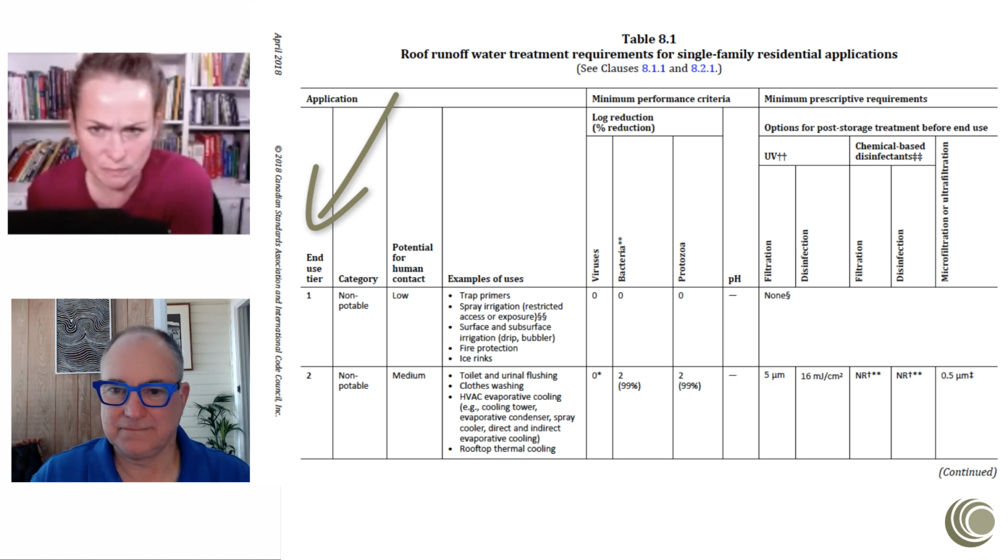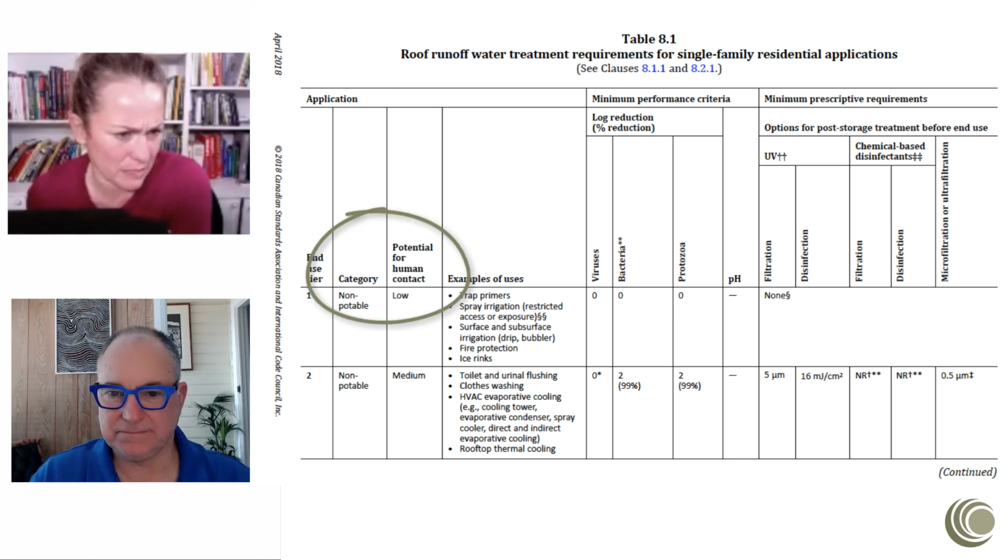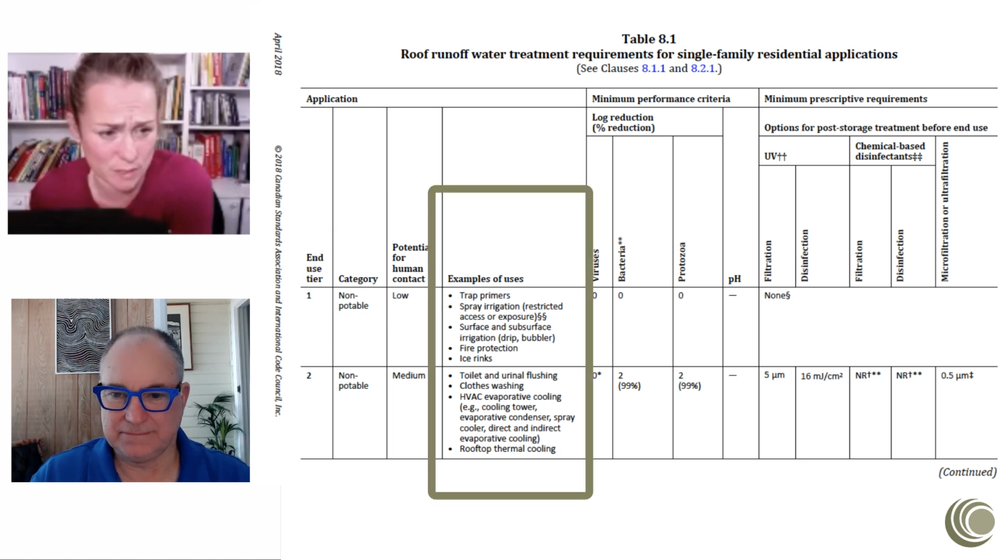And these end-use tiers correspond to this category, non-potable versus potable, and they've got this risk potential for human contact, low, medium, and high, and some examples of uses. And with that, they come up with these 4 different end-use tiers.